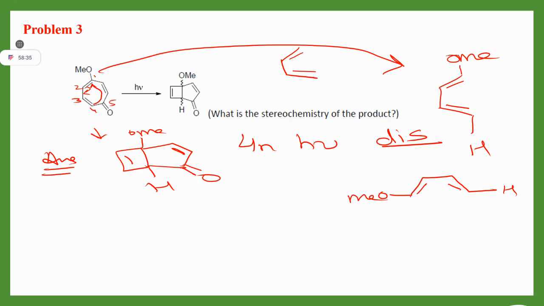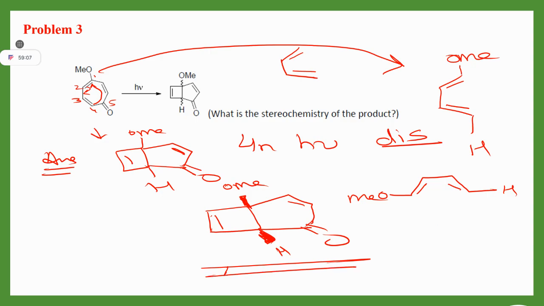In disrotation, the things which are on opposite sides will become cis. So this is your final product.